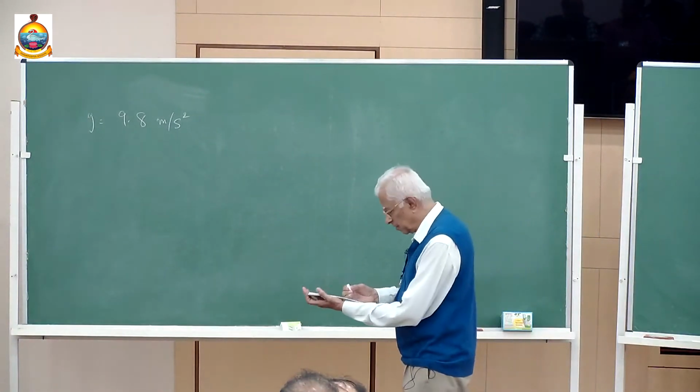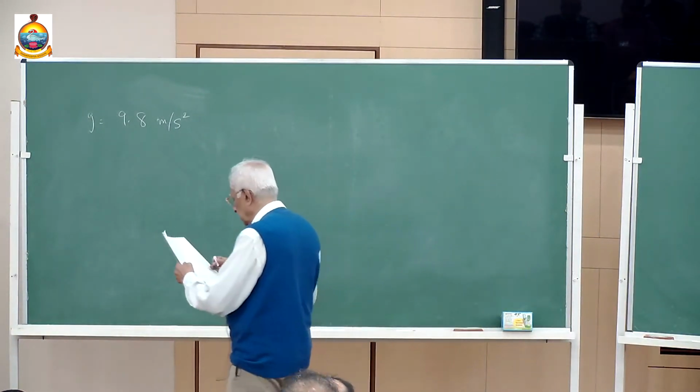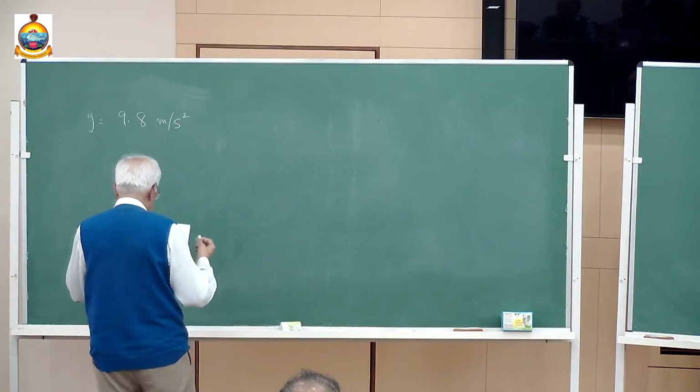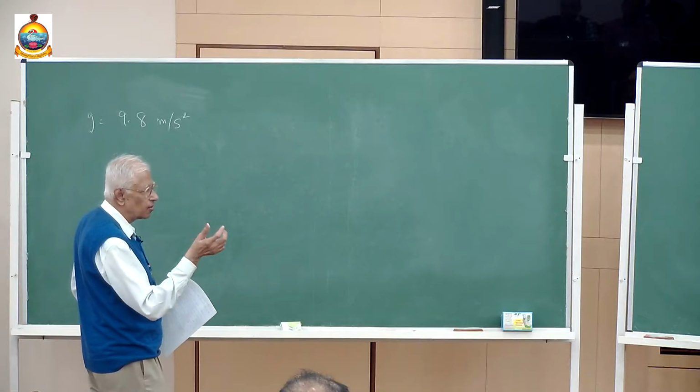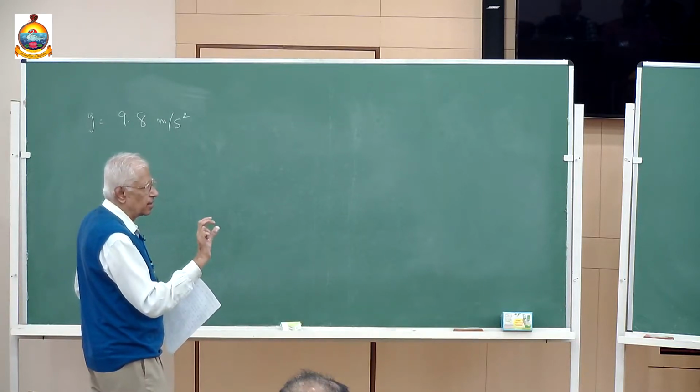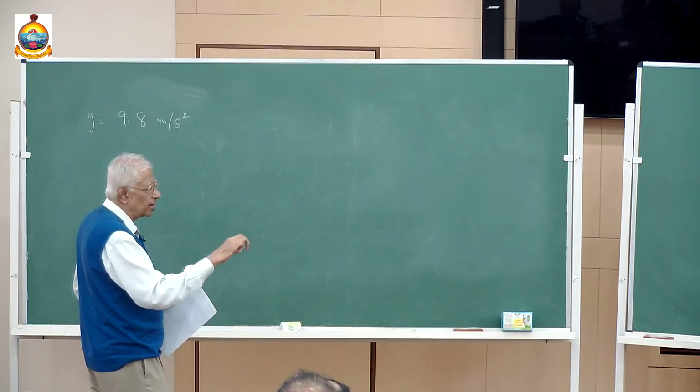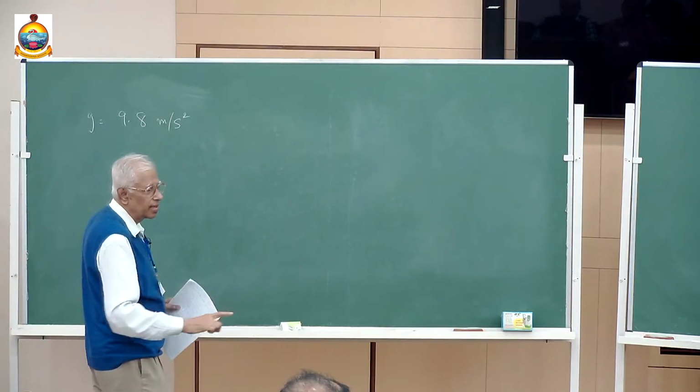I will not write all the words, I will just write expressions. First, I will give you an idea. Because of the rotation of the earth on its own axis, a laboratory fixed to the surface of the earth is non-inertial.